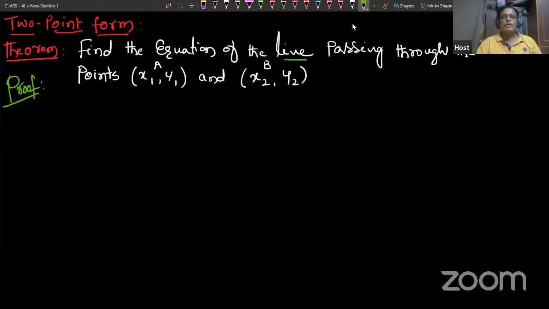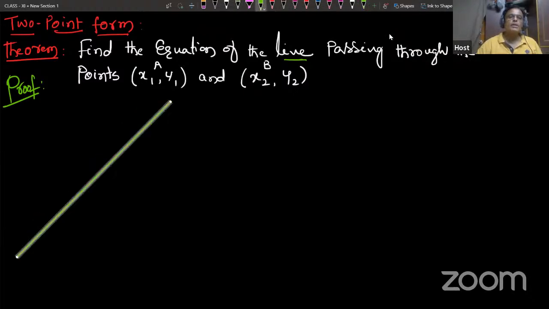The line is passing through AB. First we draw the line passing through AB. This is the point A, A is (x1, y1), these are given.